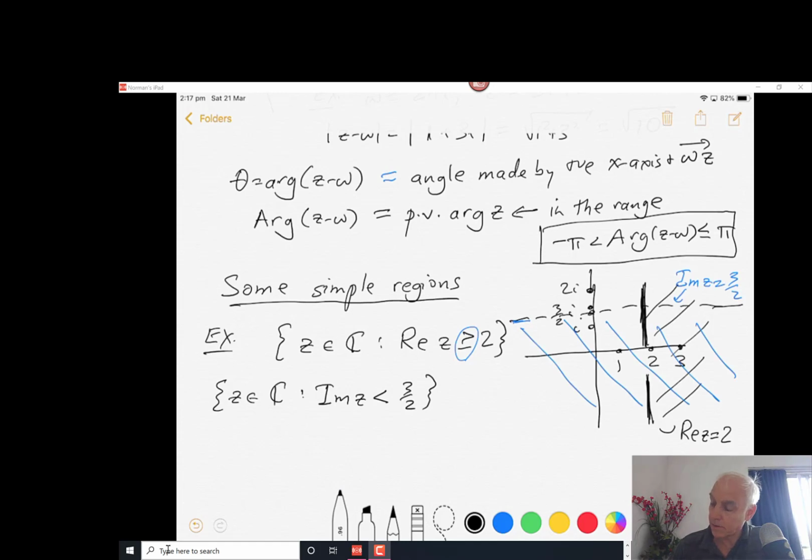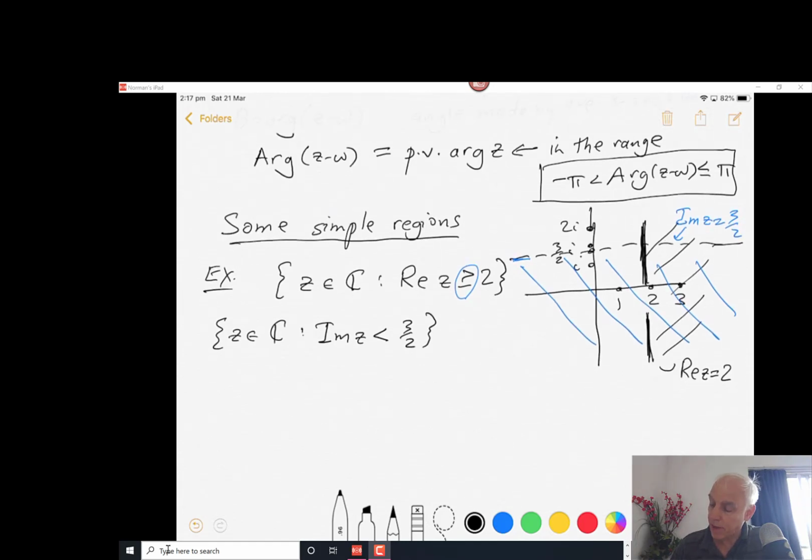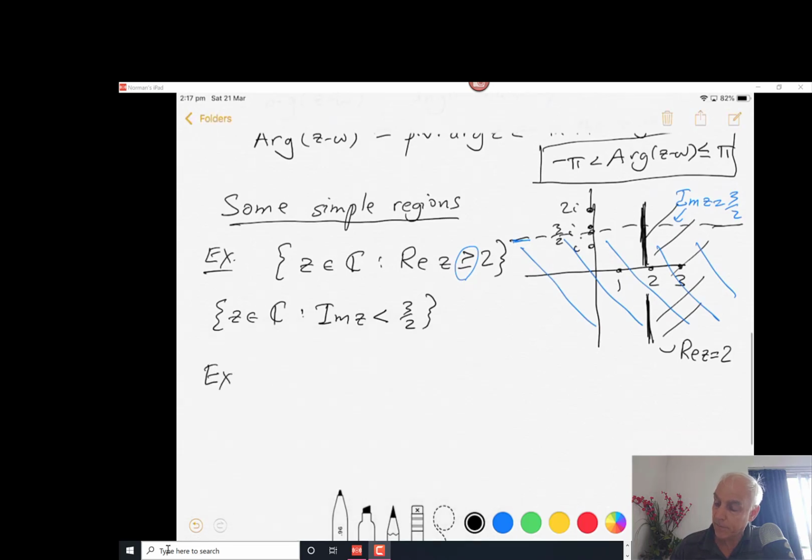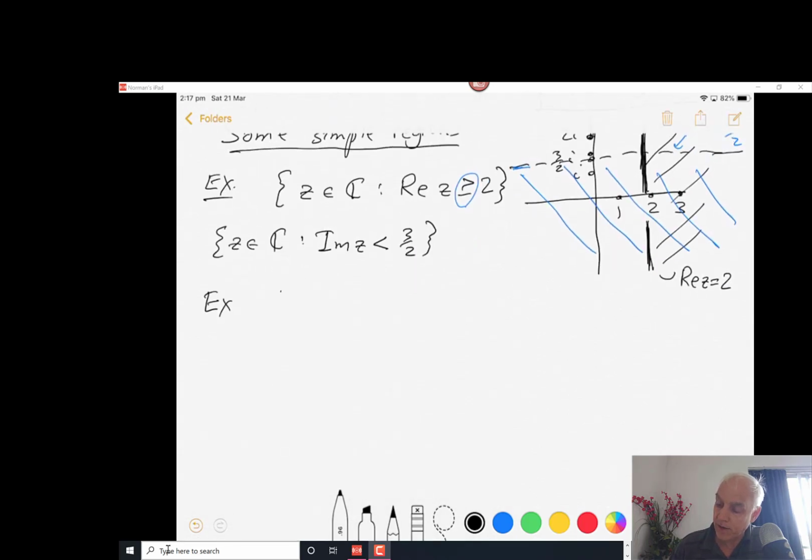Okay, that's relatively simple. Let's do another kind of example. Suppose we look at the z in C such that the argument of z is, let's say, in absolute value less than or equal to pi/4.